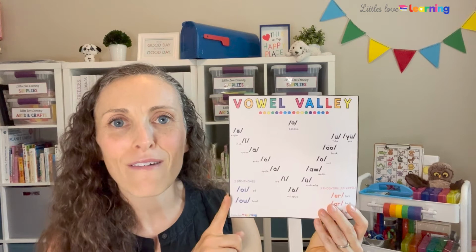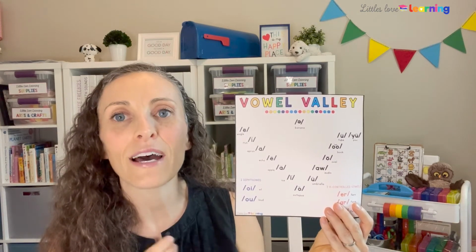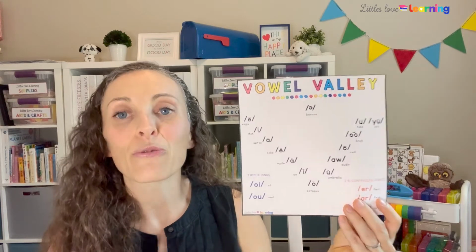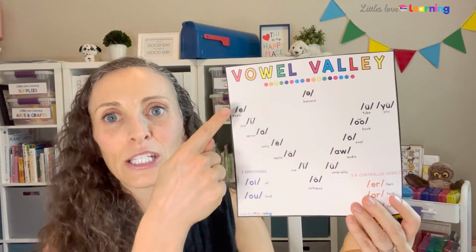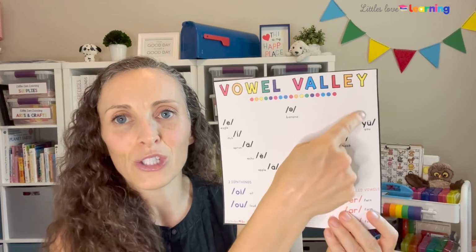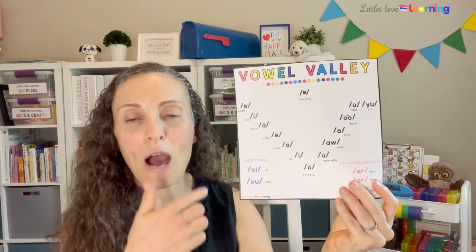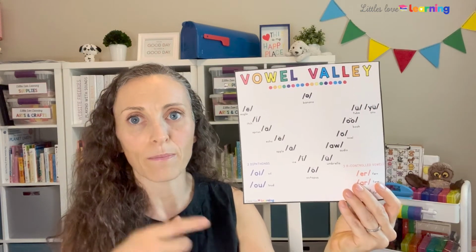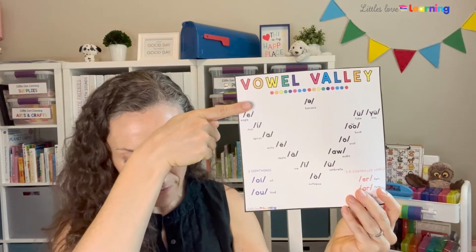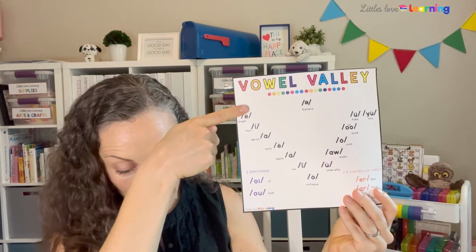You may have seen this chart floating around on the internet or on Instagram or Pinterest, but it is called a vowel valley. The reason it's called a vowel valley is because it's showing us all of the vowel sounds in this V shape, in this valley shape. This one down here is where our mouth is the most open. If we start the valley up here, these are sounds that are made toward the front of our mouths.